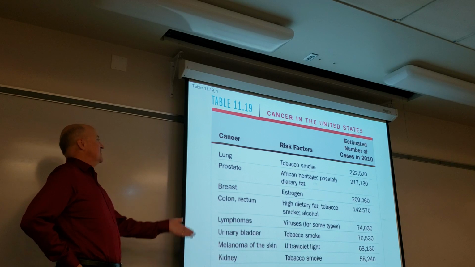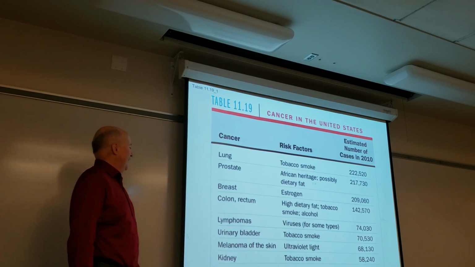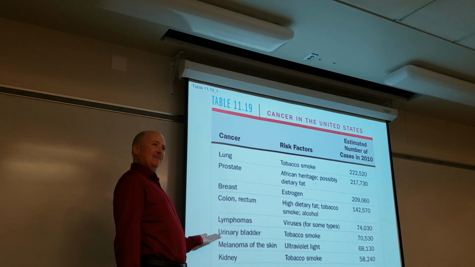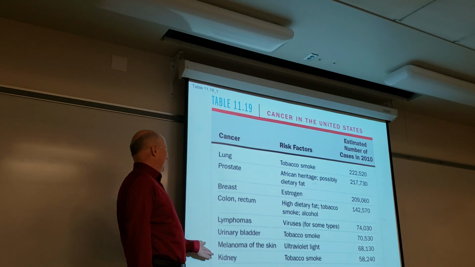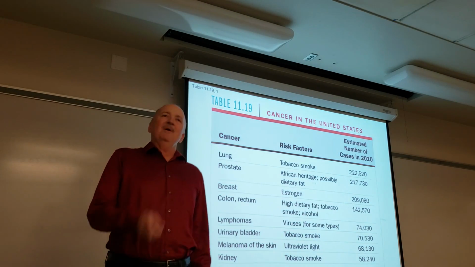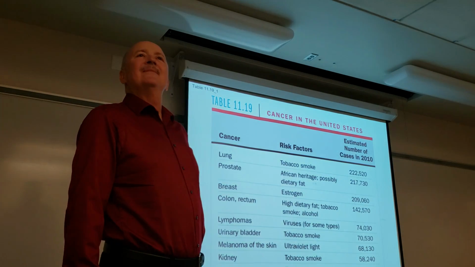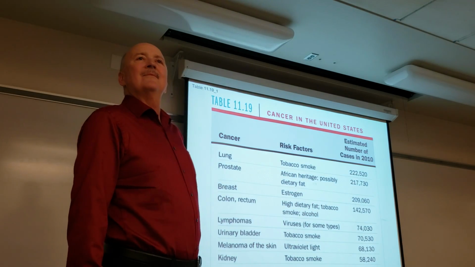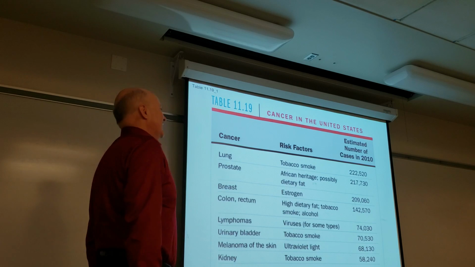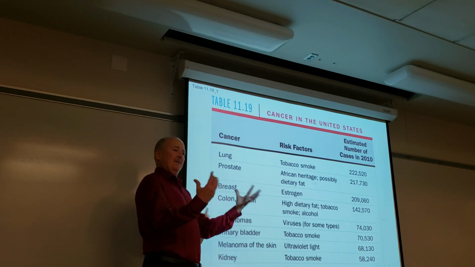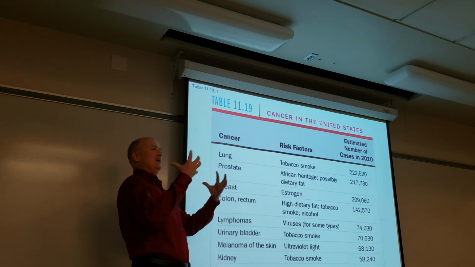Tobacco smoke, and that makes sense, of course, with lung, but bladder cancer, kidney, it's not where you're putting in cigarettes. So why would kidney cancer be influenced by tobacco smoke? Yeah, your kidney and the process waste. Yeah, you're getting all of this poison from the smoke in your lungs.